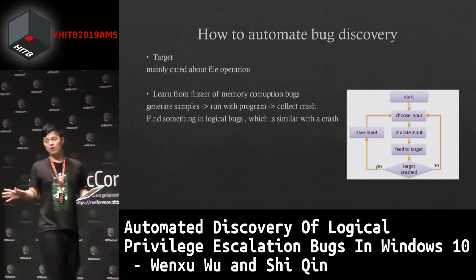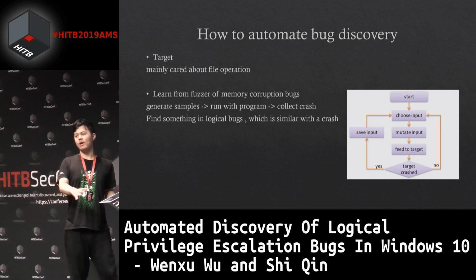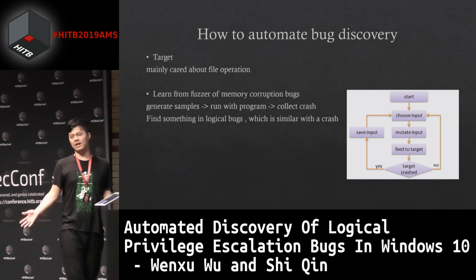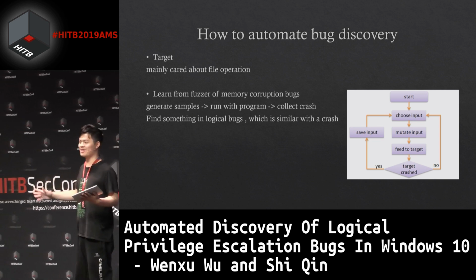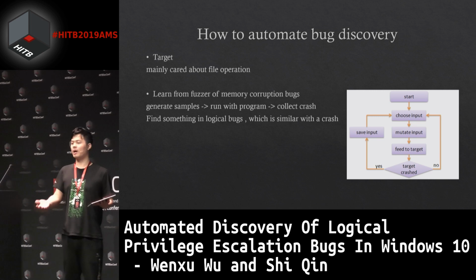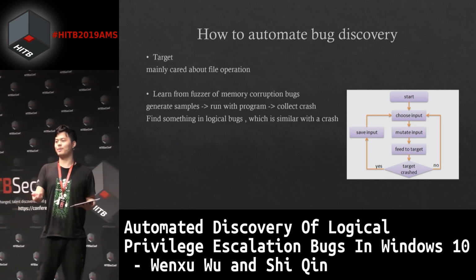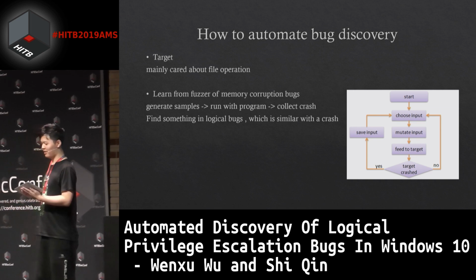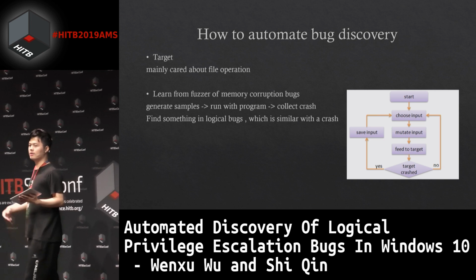After this bug was found, we spent a lot of time reverse engineering just about all the interfaces in the system services. We reversed more than hundreds of interfaces, but got nothing, because so many people are trying to catch bugs, and it's not easy to reverse all the interfaces.